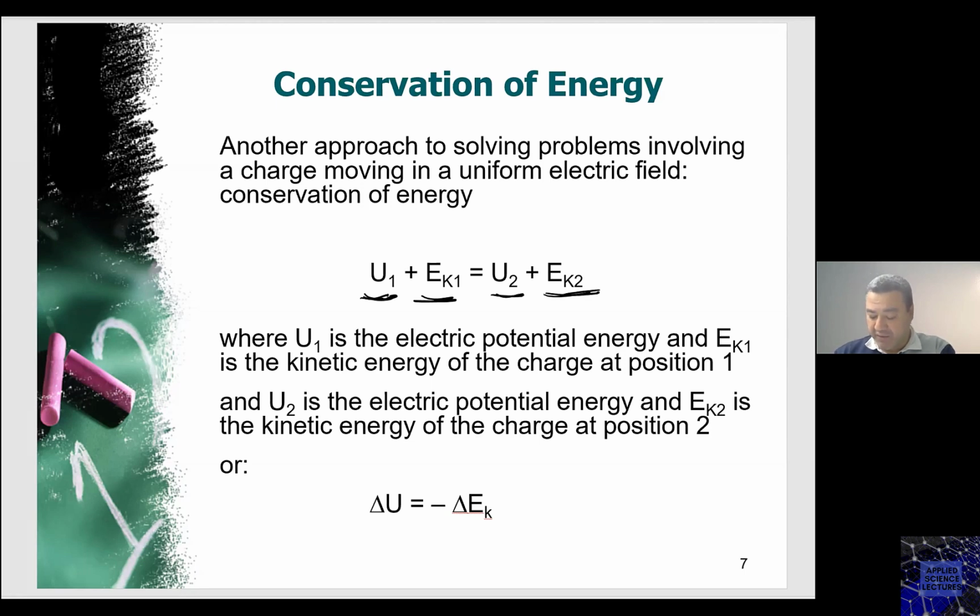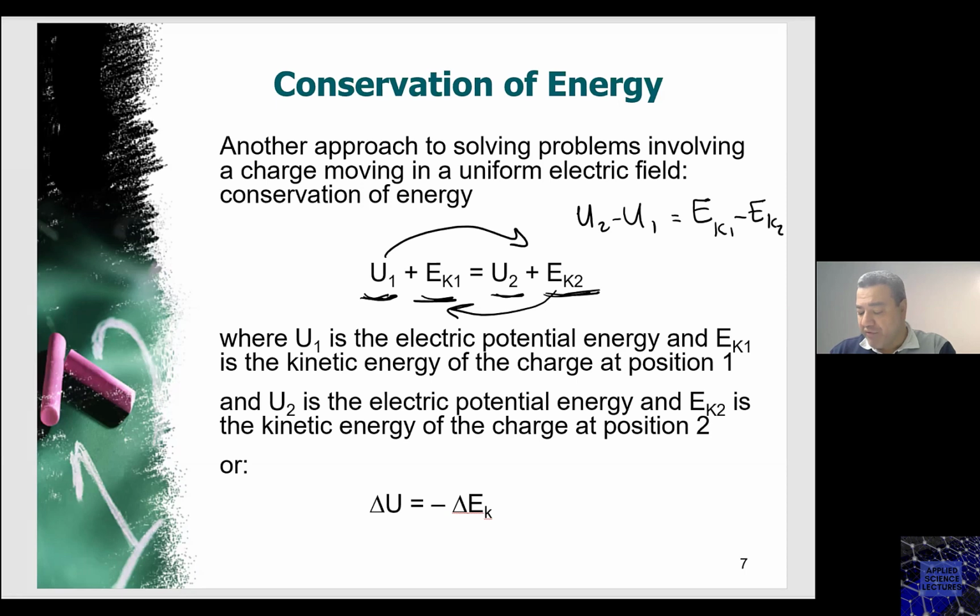If I move U1 to this side and move EK2 to that side, what I get is U2 minus U1 equals EK1 minus EK2.